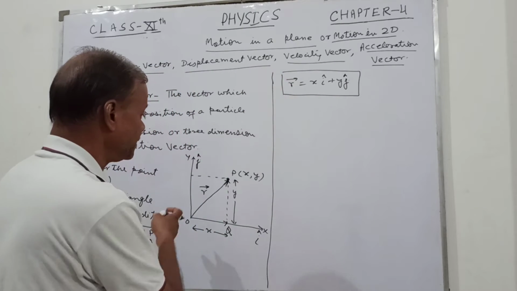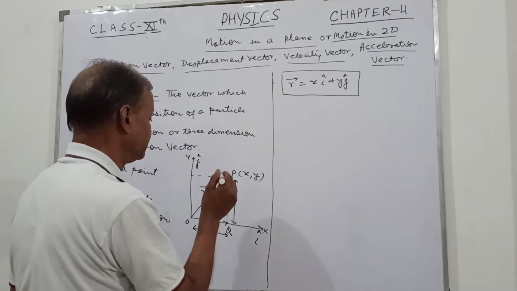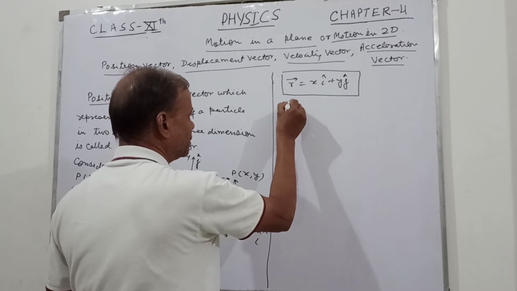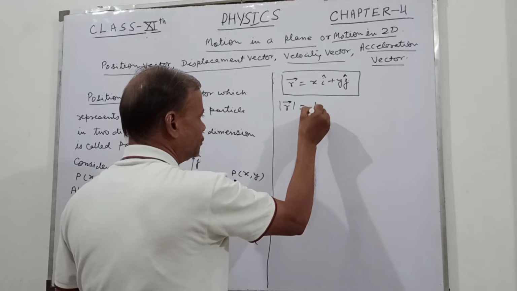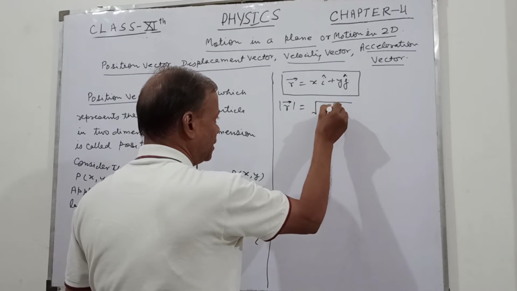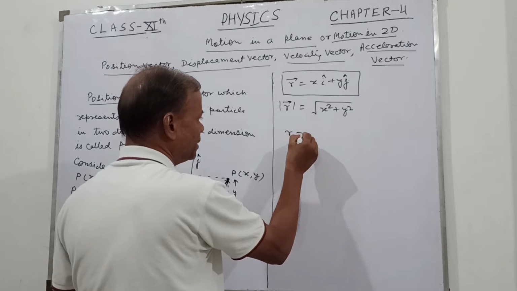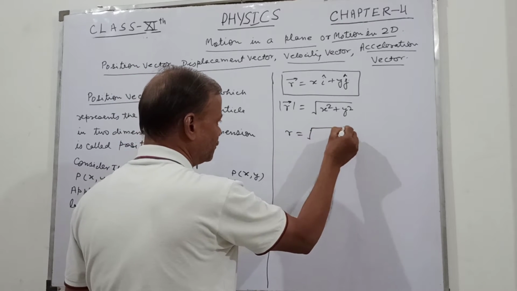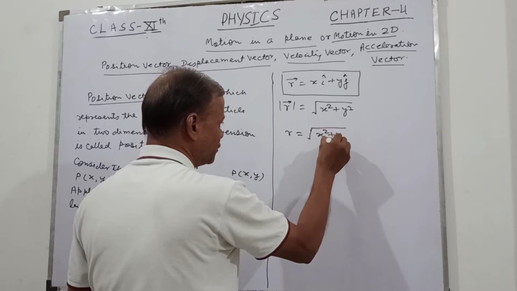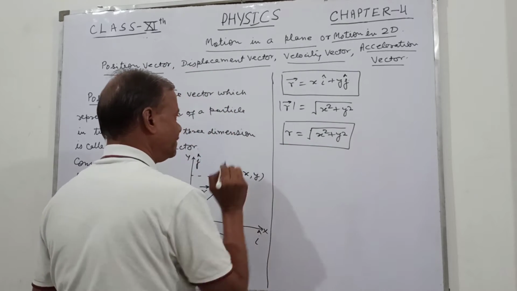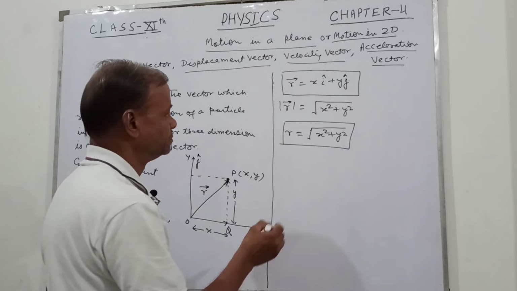Now the magnitude of this is the square root of x squared plus y squared, so R equals the square root of x squared plus y squared. This is the magnitude.